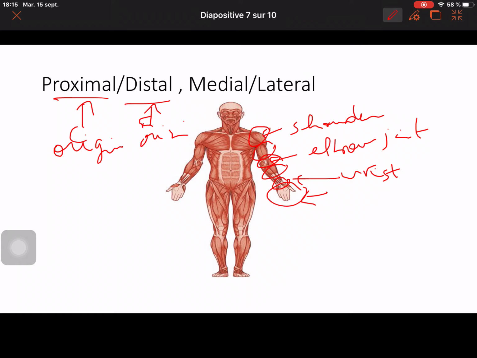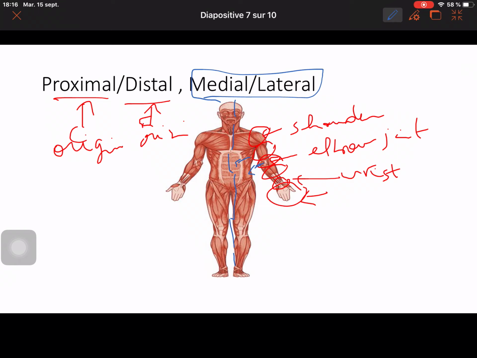Now let's move to medial lateral. To distinguish between these two terms, medial and lateral, here we must take the midline. Everything close to the midline is medial. Everything not close or further than the midline is lateral.